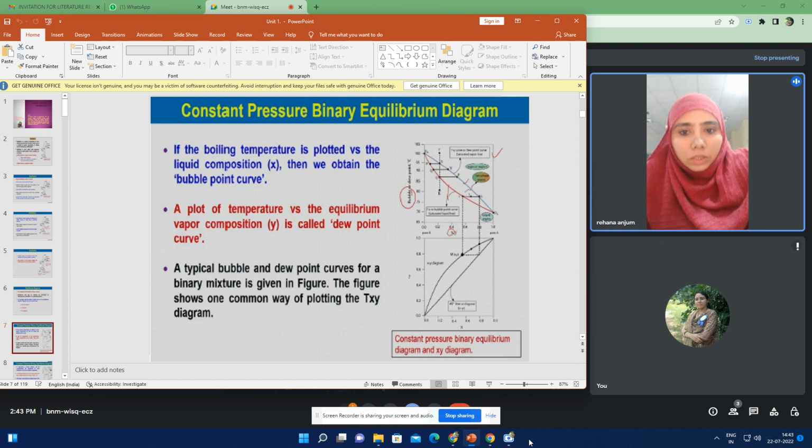As shown here, on the y-axis we have the bubble point or dew point temperature, and on the x-axis we have the mole fraction x or y. A typical bubble and dew curve for a binary mixture is given in this figure. This is the common way of plotting a T-x-y diagram.